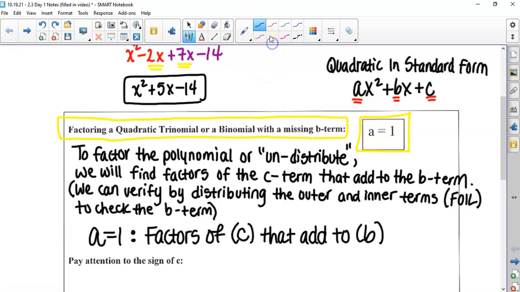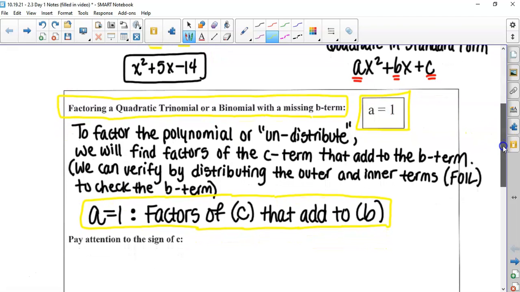And please highlight this. Notice I even wrote it on the bigger side so that it stands out. This is the key learning for today. This is what we're going to be practicing. When a equals 1, factors of c that add to b. How to work on a binomial with a missing b term, we'll talk about that in a little bit.